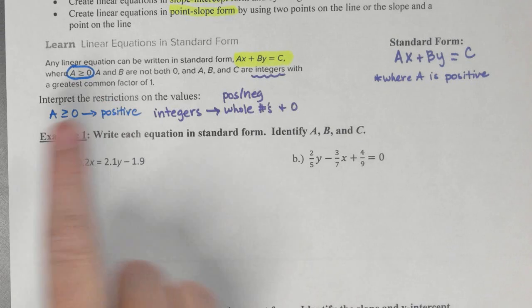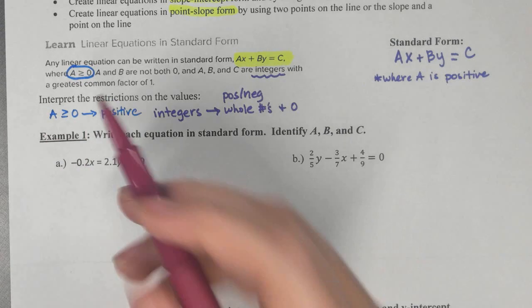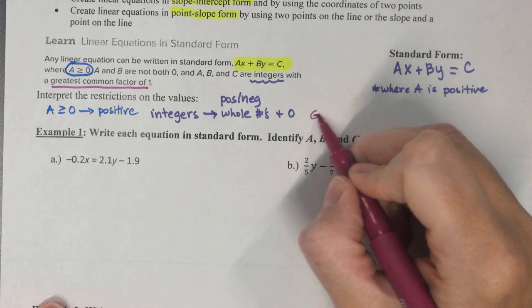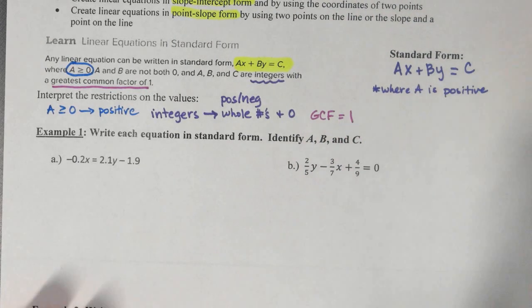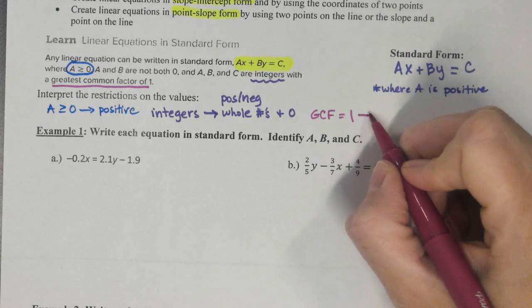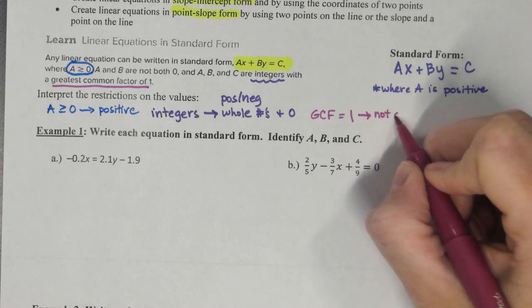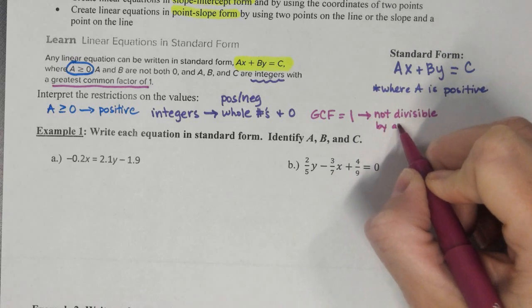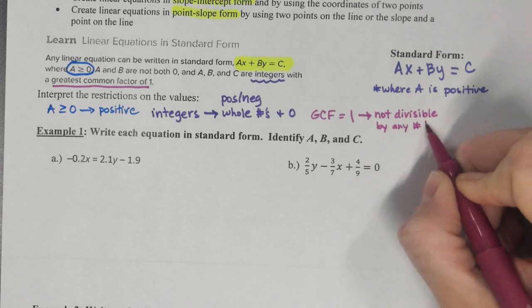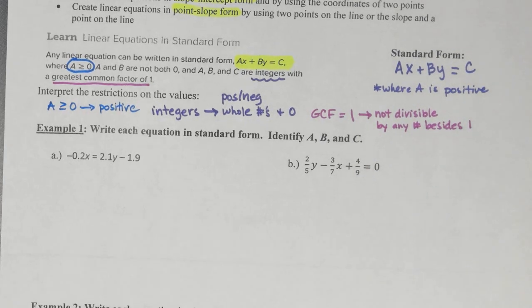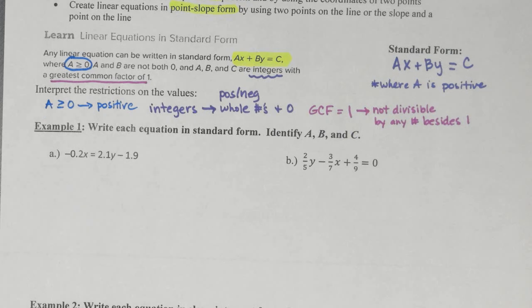Now the last thing is that the greatest common factor is 1. Okay, so if they're saying that the GCF has to be 1, that means the numbers are not divisible by any number besides 1, and the number itself will be divisible by itself.